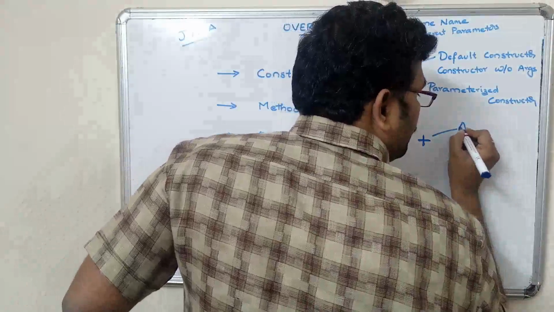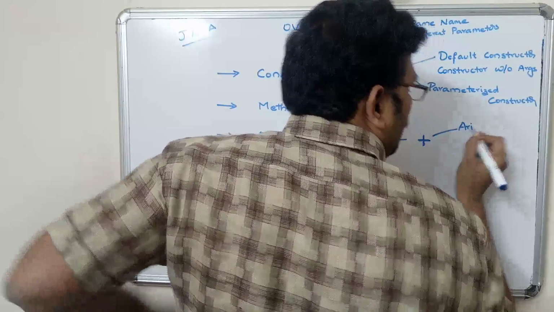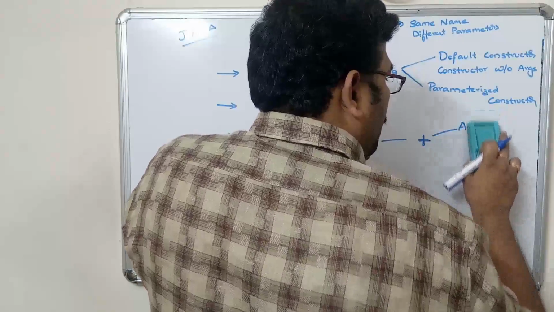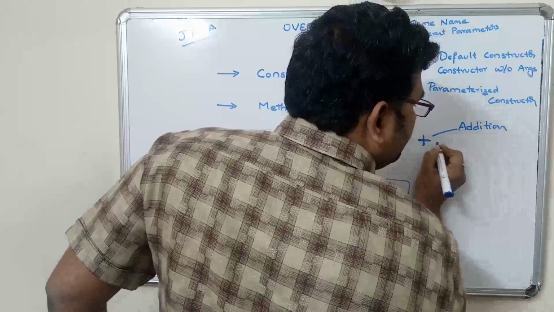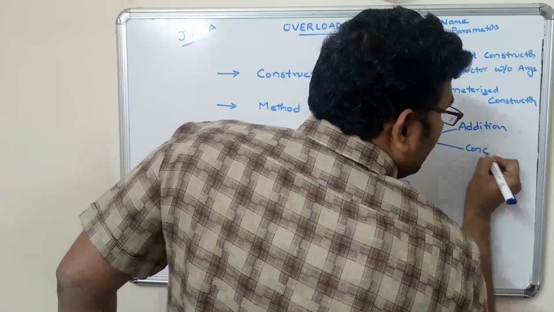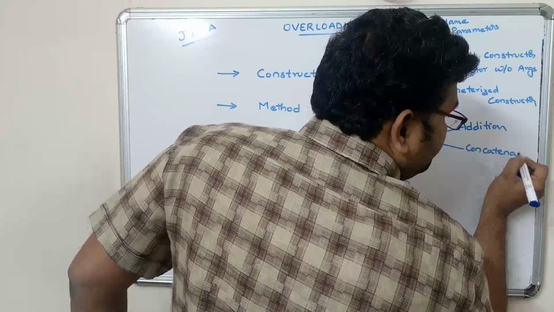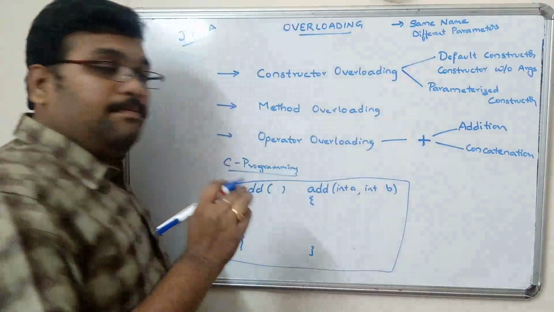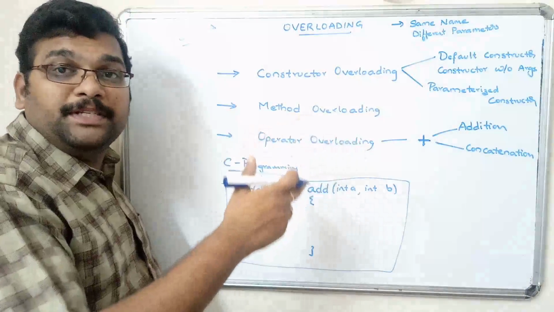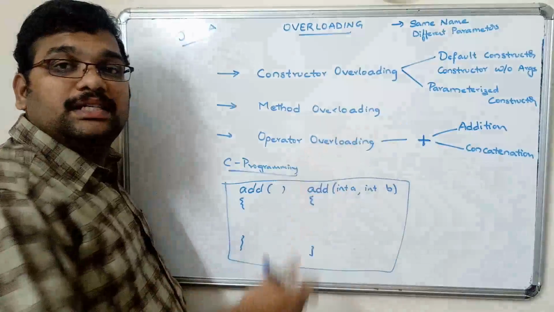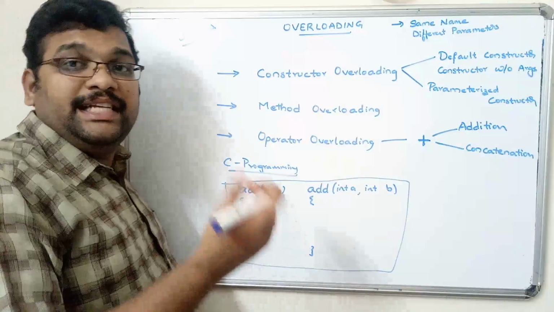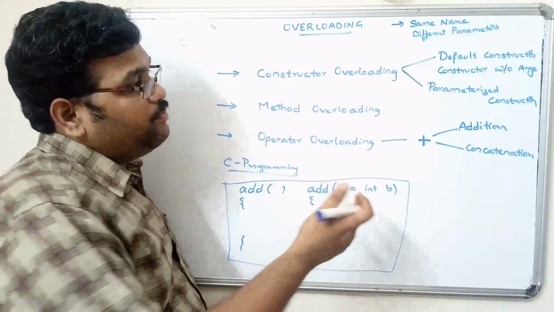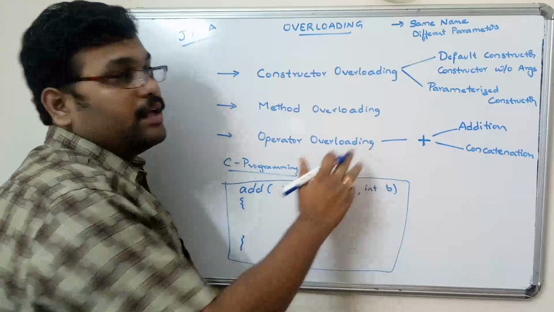One is the addition operator, another one is the concatenation operator. So the same symbol is used for two purposes. One is addition, the other one is concatenation. So implementing the same thing in different ways, that we call operator overloading.